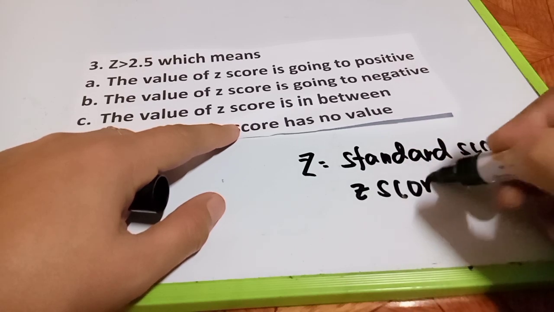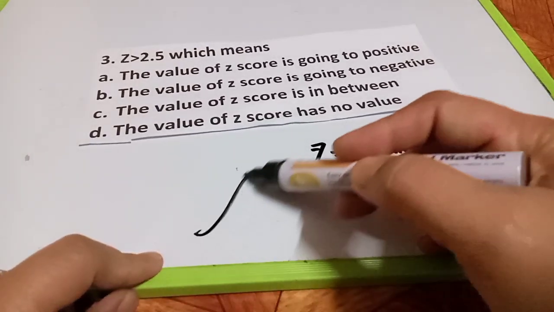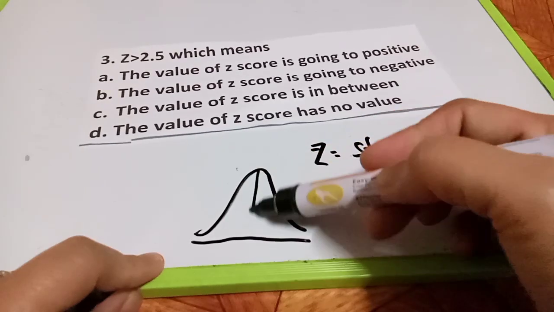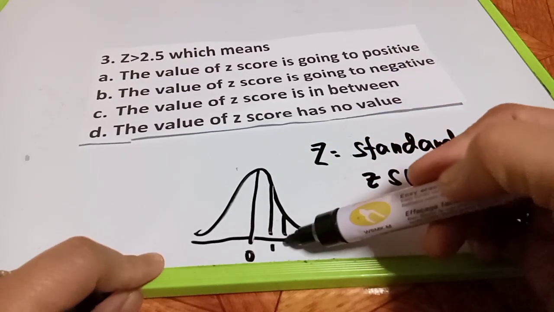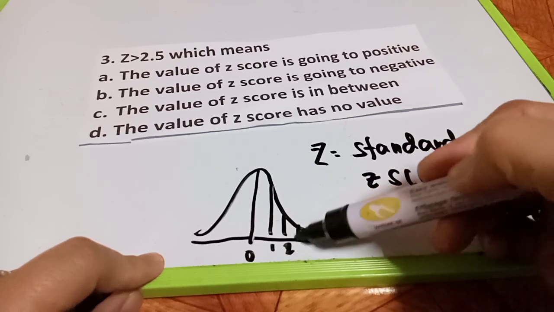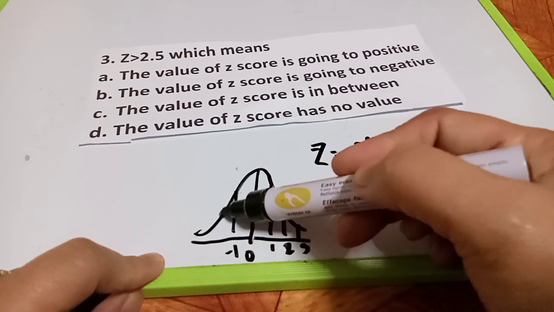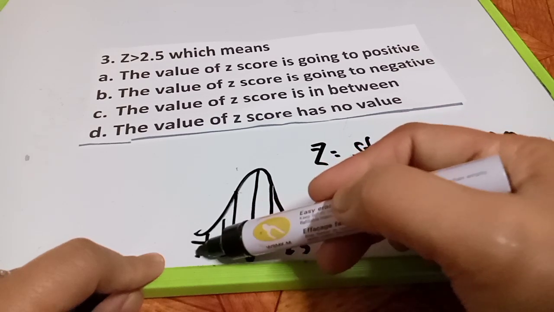Mostly, the Z-score always represents a normal curve. So if this is our 0, positive 1, positive 2, and positive 3, and we have negative 1, negative 2, and negative 3.